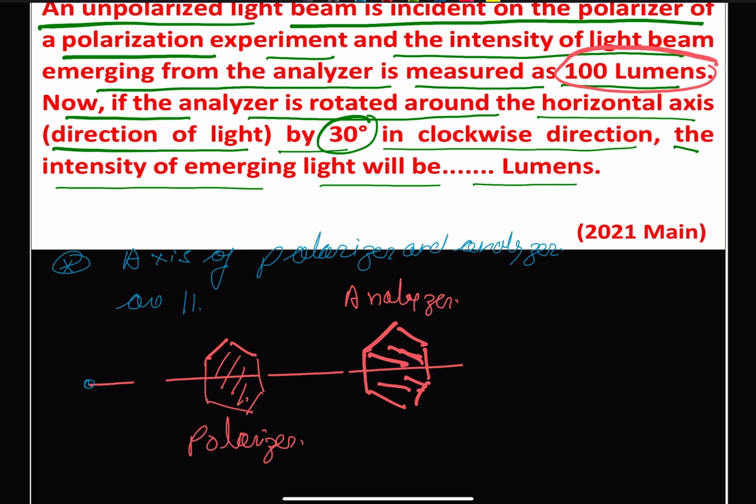And this is our source, which is going to be uniform, and its intensity is I0. So automatically the intensity after the polarizer will be I naught by 2, and if the axes of the polarizer and analyzer are parallel to each other, the intensity outputted by the analyzer will also be equal to I naught by 2. And for this particular question, this I naught by 2 for the first case will be equal to 100 lumens.